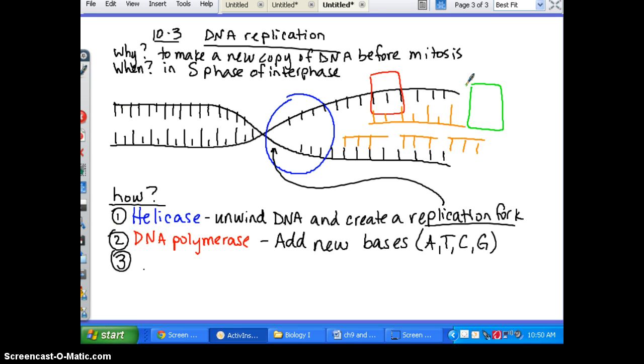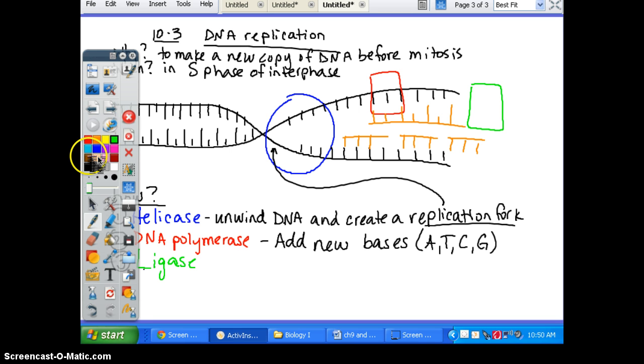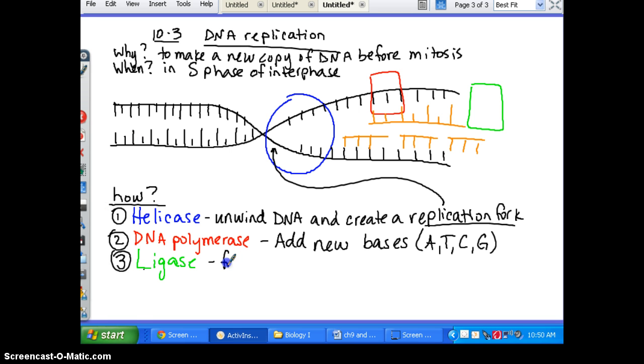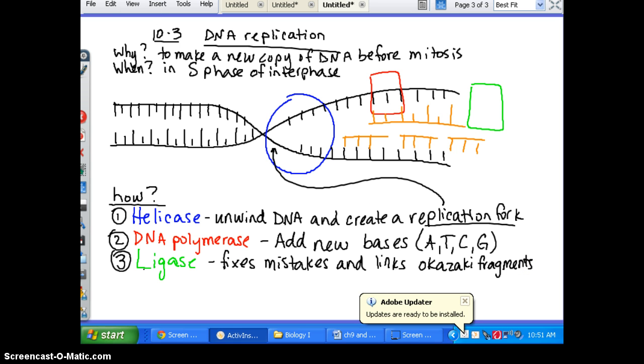Put that picture there. And this third enzyme called ligase comes in and fixes mistakes and links the Okazaki fragments. Okay, so this is DNA replication, and it only occurs because we're trying to make a new cell.